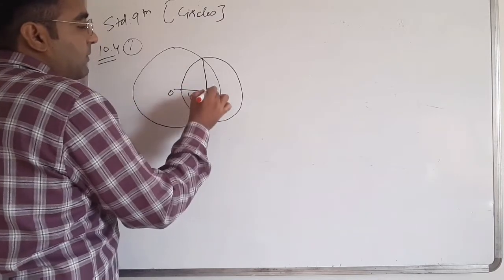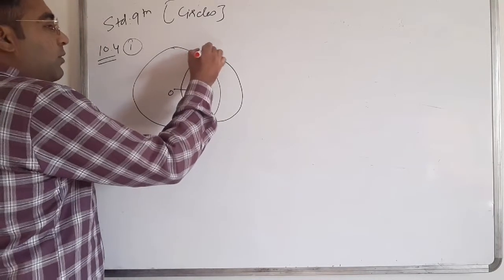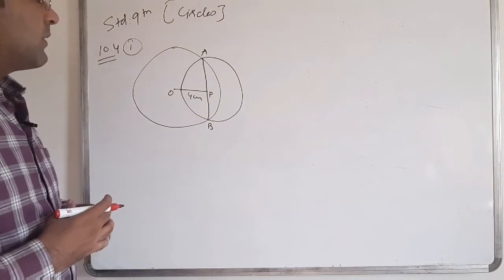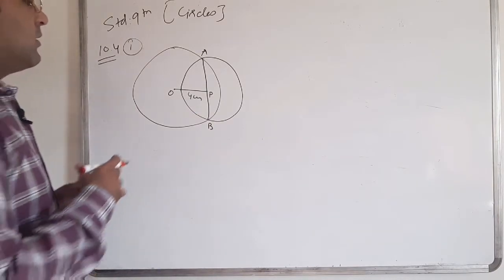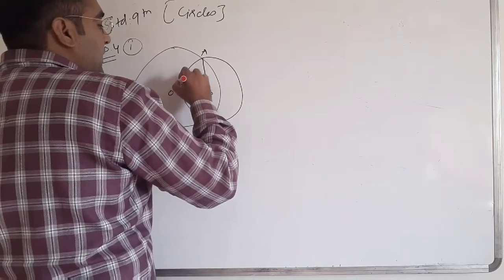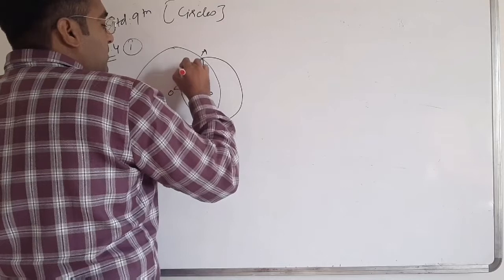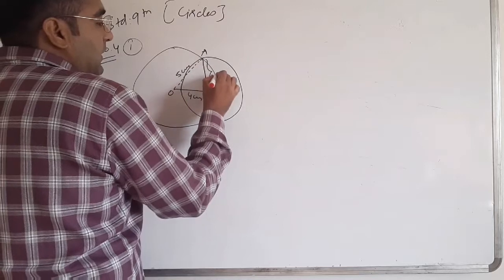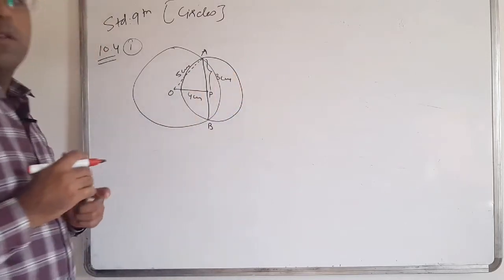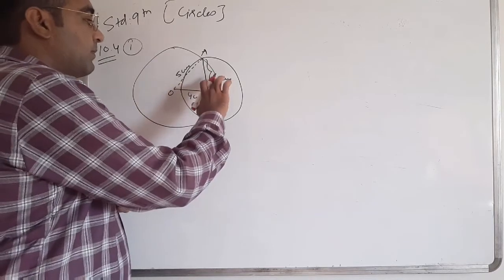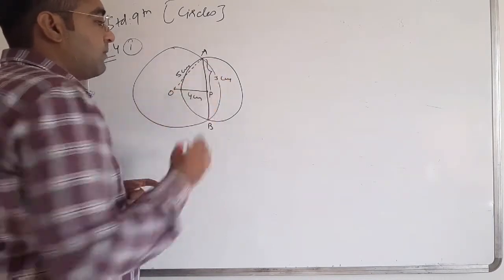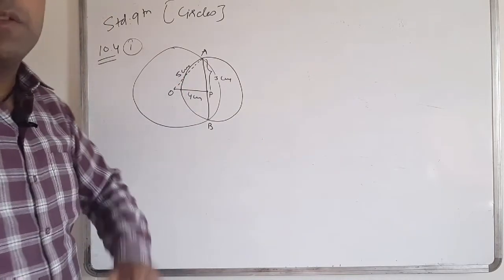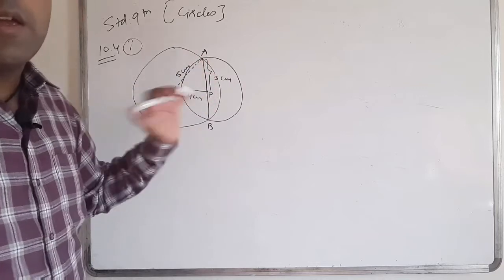O and P, clear? And both of the circles intersect at two points A and B, clear that? The radius of the bigger circle is 5 centimeter, and the radius of the smaller circle is 3 centimeter. So we need to find the length of the common chord, that is the length of AB.